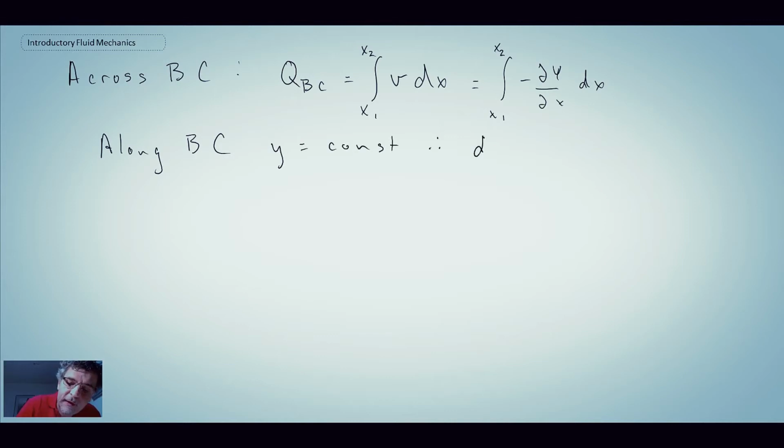And what that means, looking at the total derivative of psi, now if y is a constant, then the second term here cancels out, and just like before, this here is in there, except it's the negative of it. So we're going to make a substitution.